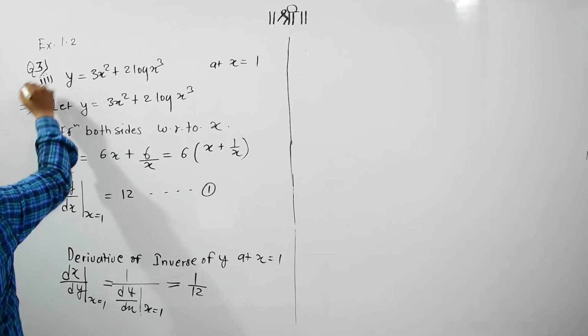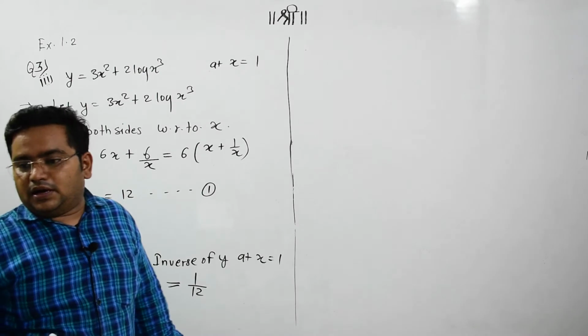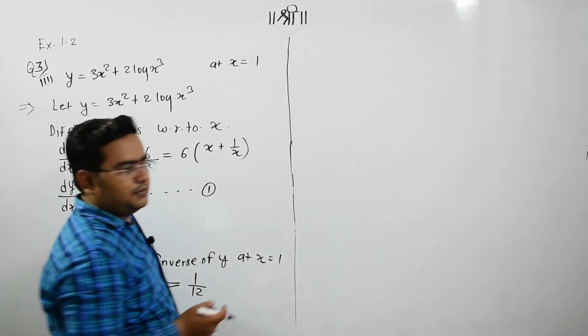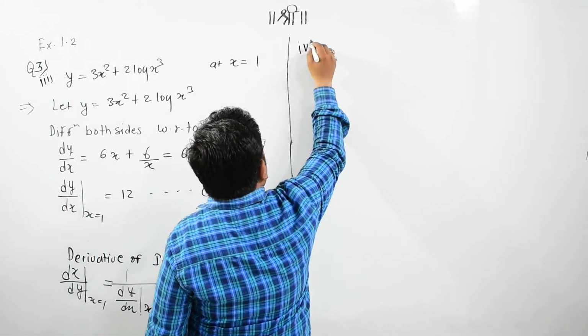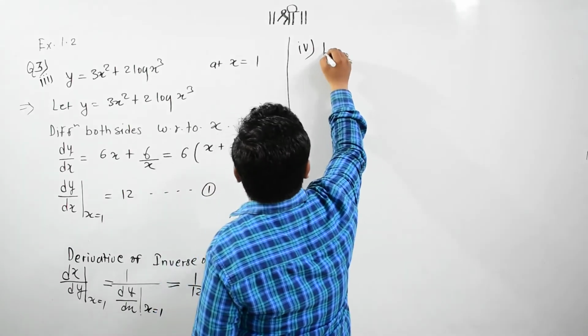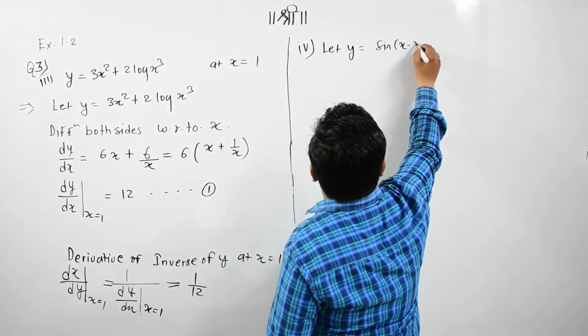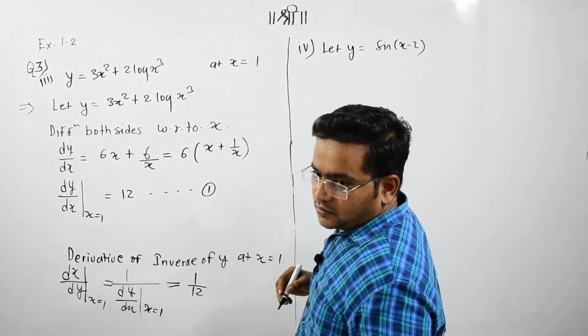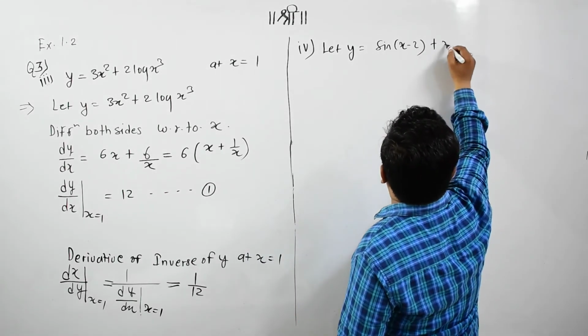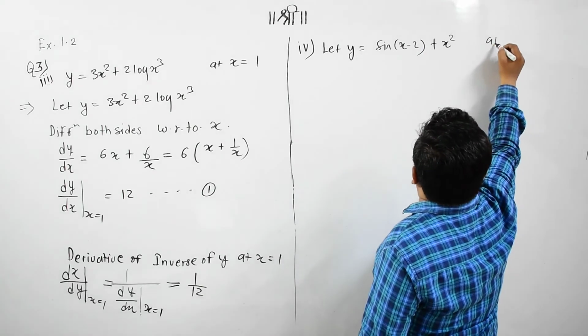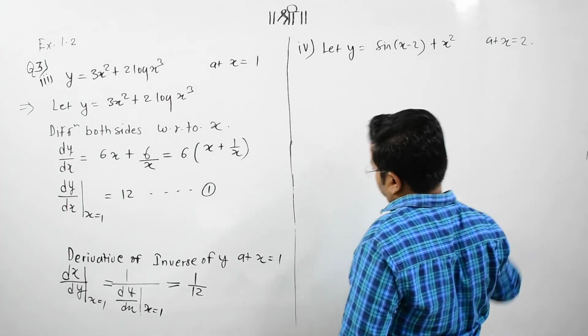This was the third question, and now we are moving towards question number four. Let y equal sine of x minus 2 plus x square at x equal to 2.